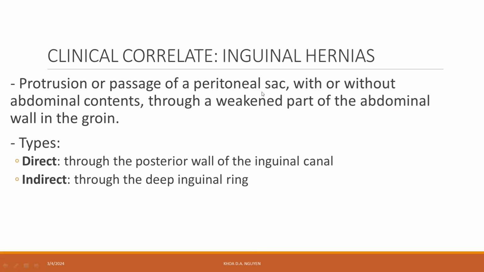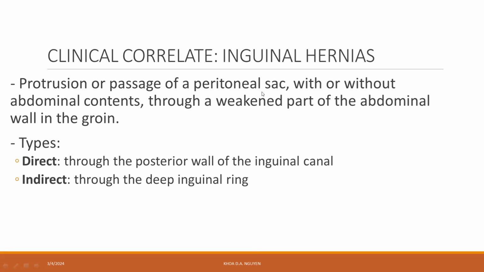Okay, so you can remember these two like this. For indirect inguinal hernias, the contents is going to go first into the deep inguinal ring, and then through the inguinal canal, and then going to the superficial inguinal ring into the scrotum. Okay, but when you have a direct inguinal hernia, you don't even need to use the deep inguinal ring.